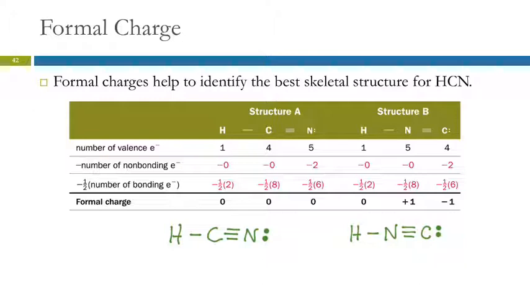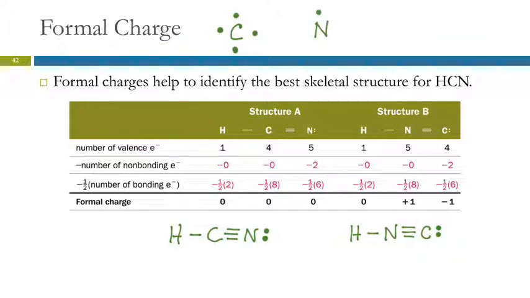So formal charges can help us identify which one of these is better. We can also use what I was talking about earlier: the number of bonds is probably going to be equal to the number of unpaired electrons. So if I look at carbon, 4 valence electrons. How many bonds? 4.